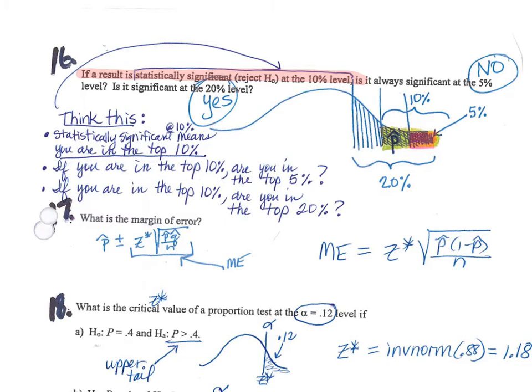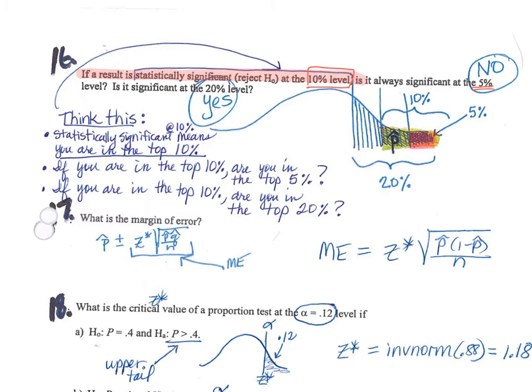That means you found a sample that is at the very least in the top 10%. Okay? If statistically significant at this alpha of 10%, so you are in the top 10% of your class. Think about it that way. Well, then does that mean you are definitely located in the top 5%? If you're in the top 10% of your class, are you in the top 5% of your class?